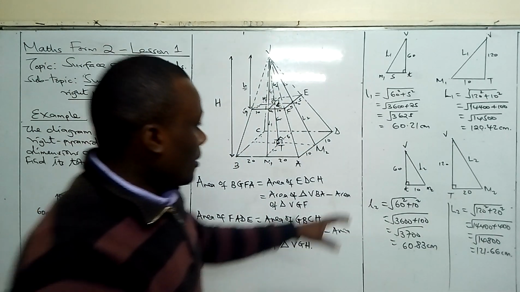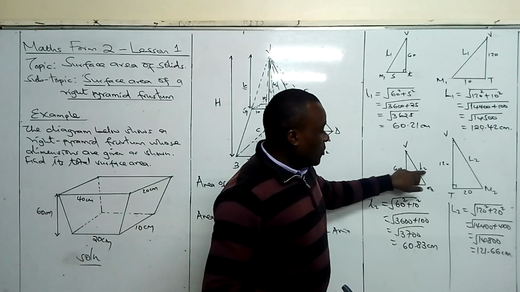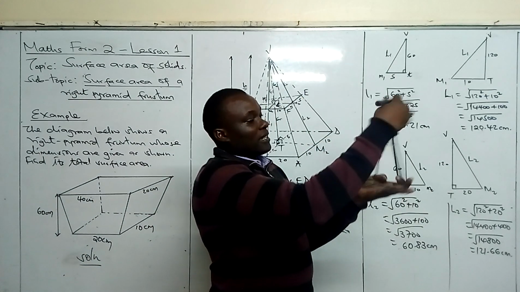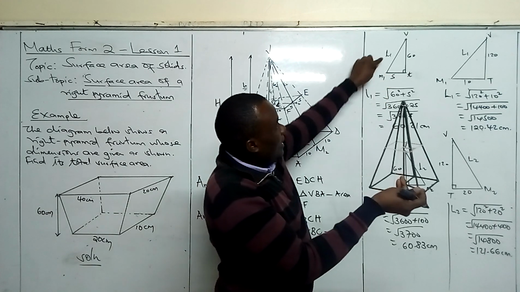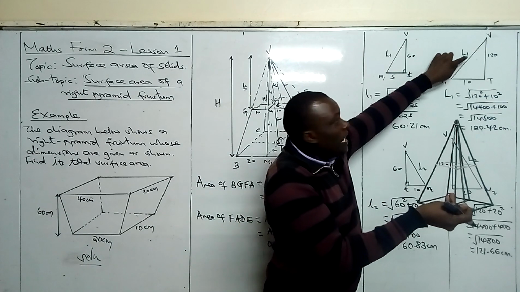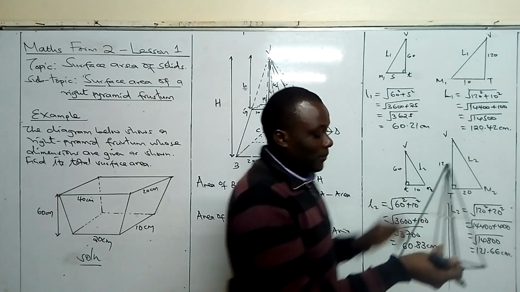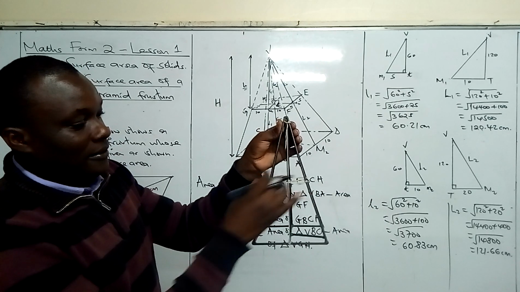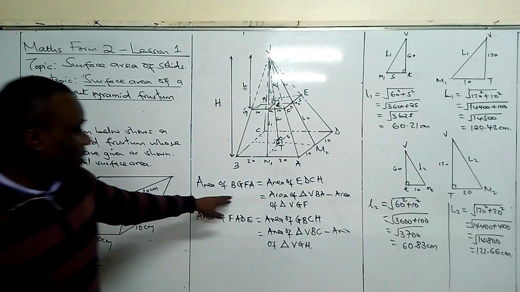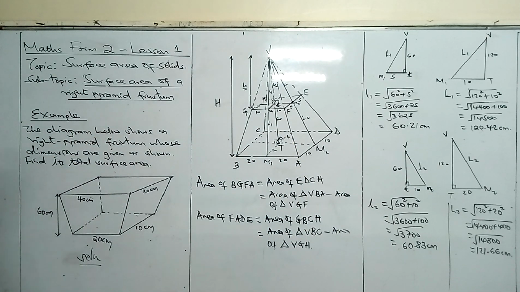So L2 small and L2 capital represent this other face. This other face is represented by L1 small and L1 capital, as you can see. So we need to find this area here using this concept. So that's where we are going.